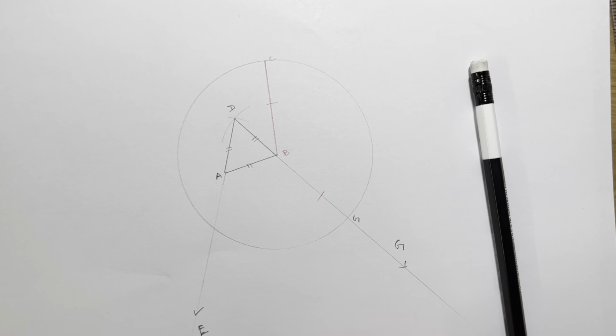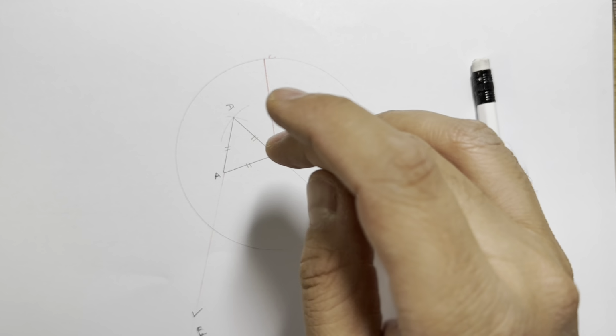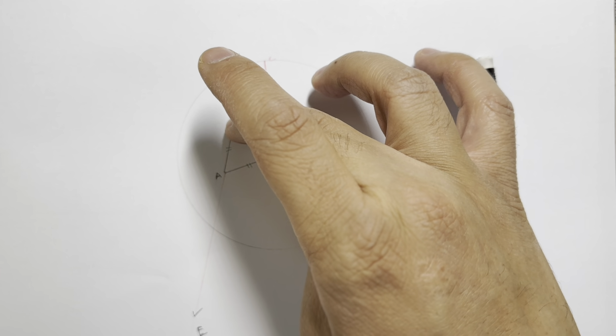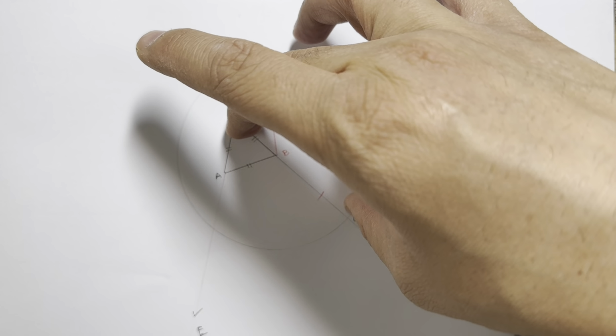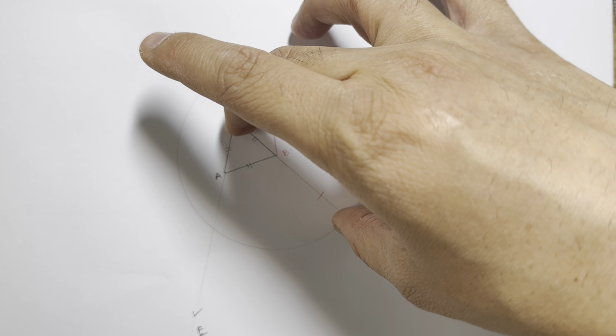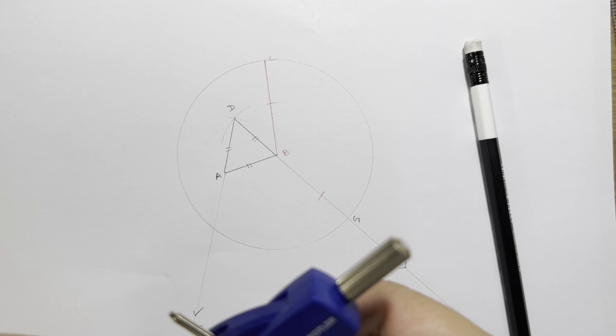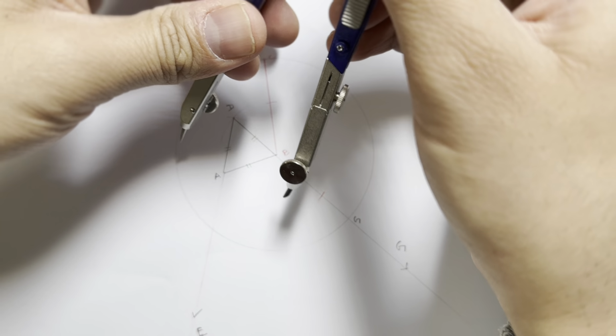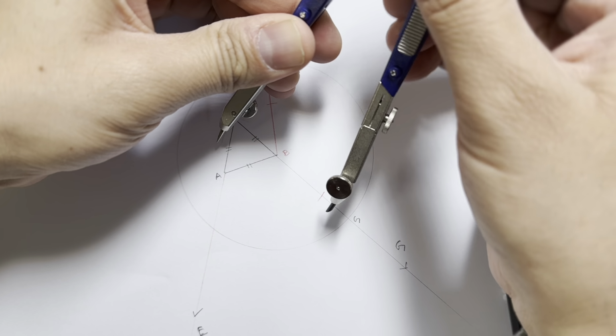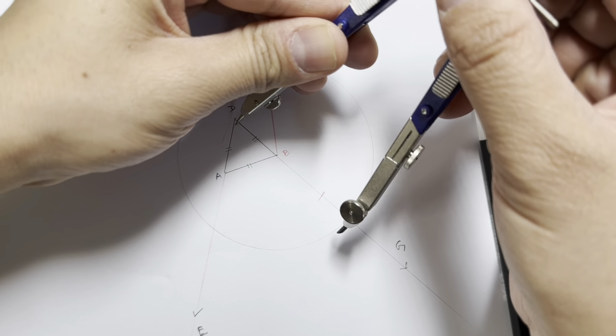Okay. Now what we do is we take the center as D and the radius as DG and we draw another circle. We can just draw an arc actually, but let's see. So this will be a larger circle.